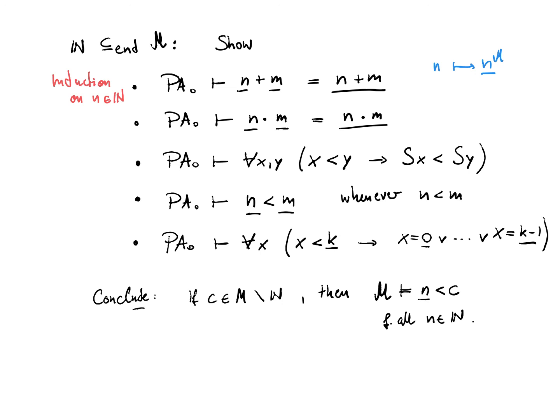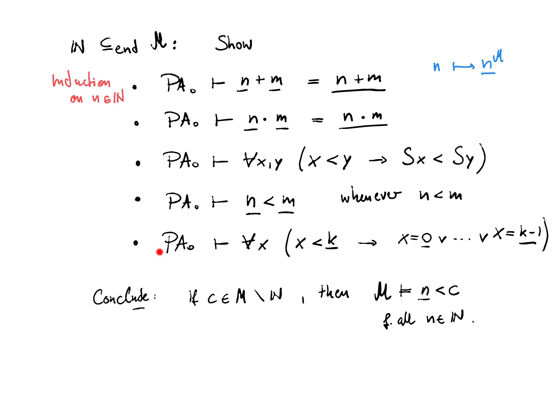So what you essentially do here is that PA0 can prove some very basic facts about the structure of the constant symbols inside a model, that it behaves more or less like the natural numbers, in the way that we want it to behave.